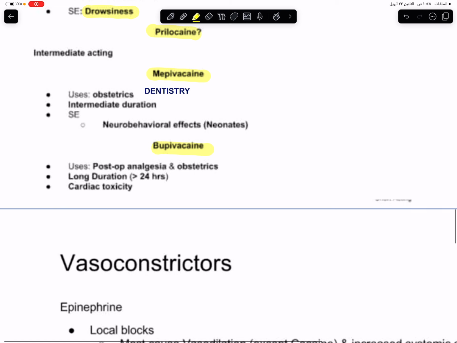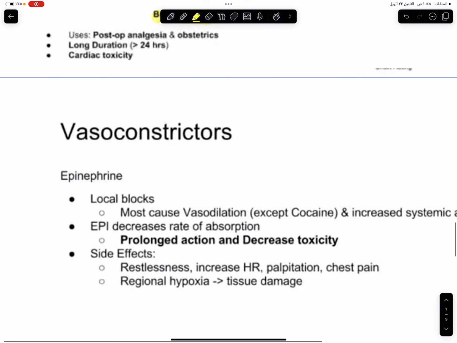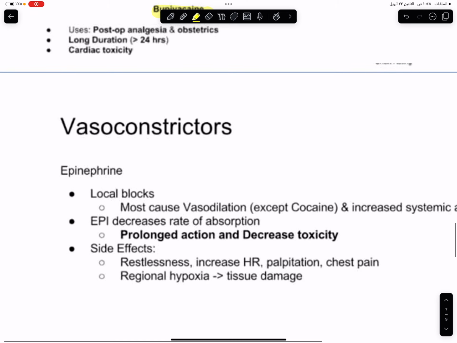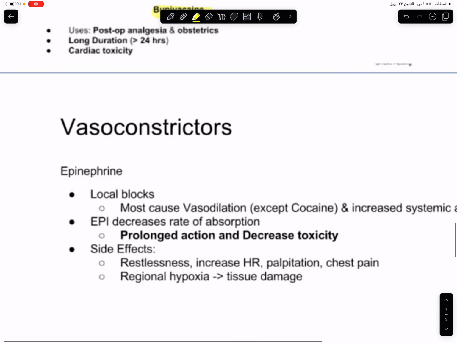Okay, vasoconstrictor, that you will see many times in your clinics. If the patient is young, not suffering from cardiovascular problem, we use it in combination with adrenaline or epinephrine. They are the same. Local anesthetics mostly cause vasodilation, except cocaine. What I told, all the local anesthetics cause vasodilation.